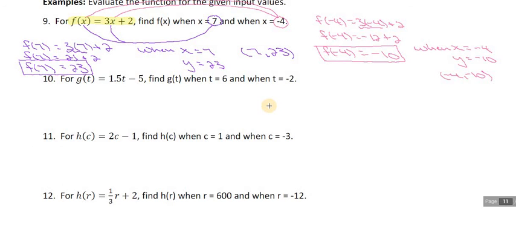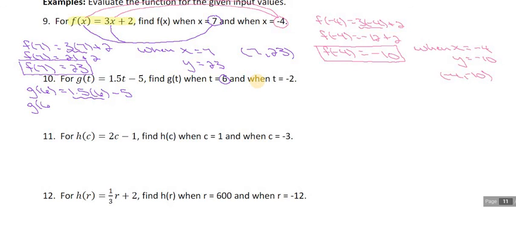For g of t equals 1.5t minus 5, find g of t when t equals 6 and when t equals -2. So we're going to start off with the first one, plugging in 6 for our variable t. So g of 6 equals 1.5 times 6 minus 5. We need to PEMDAS, so we do the 1.5 times 6.